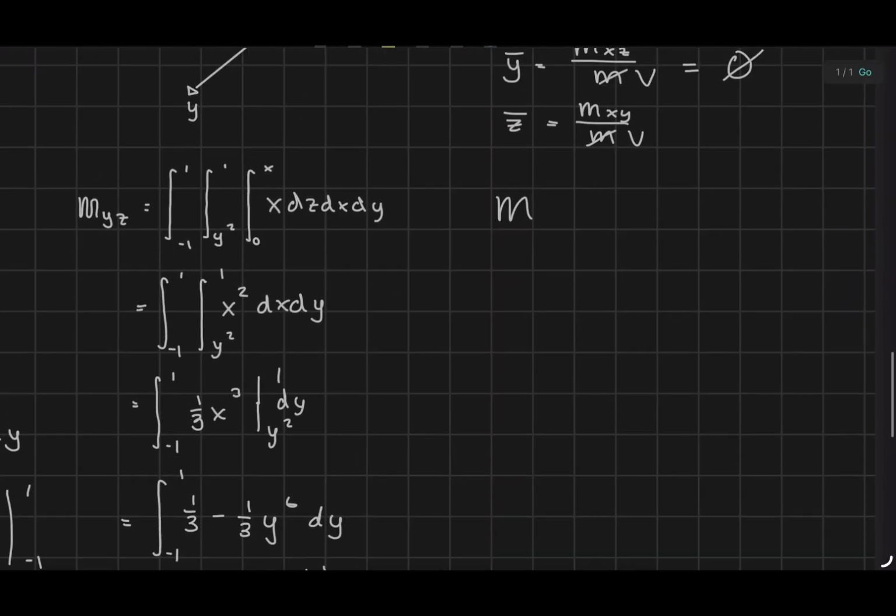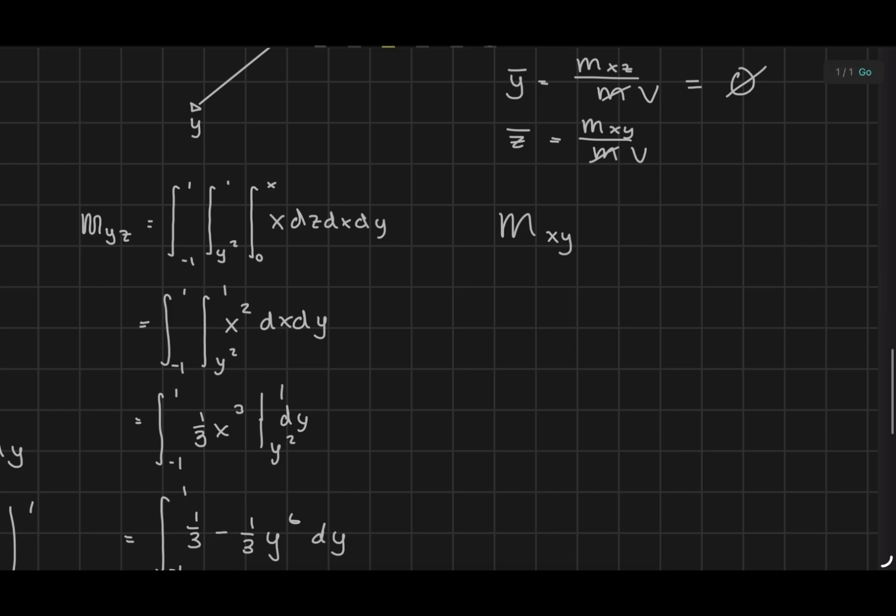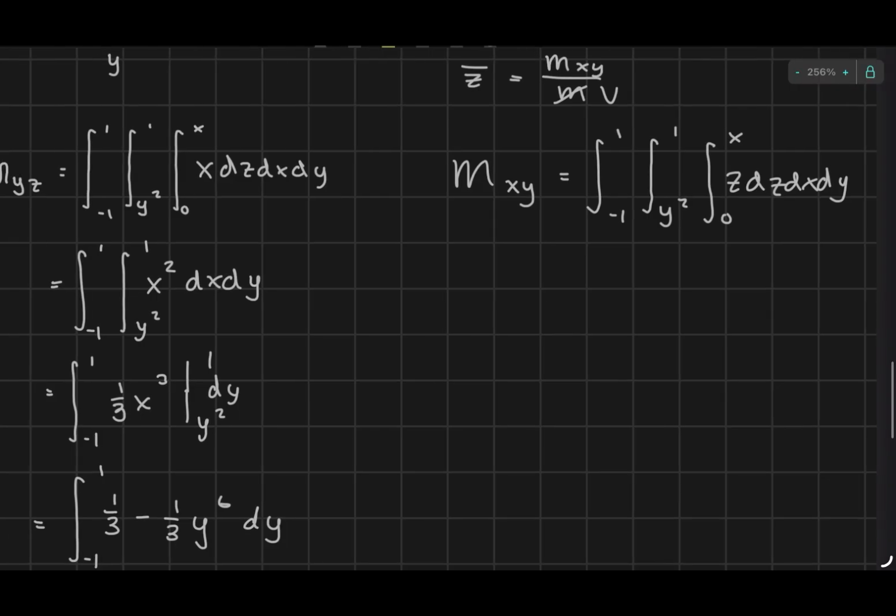Well, our moment with respect to x and y can equal -1 to 1. Same procedure. I'm just going to blaze by this. Of z dz dx dy. We get the concept, I suppose. -1 to 1, y squared to 1 of z. So this would actually be 1/2 z squared.